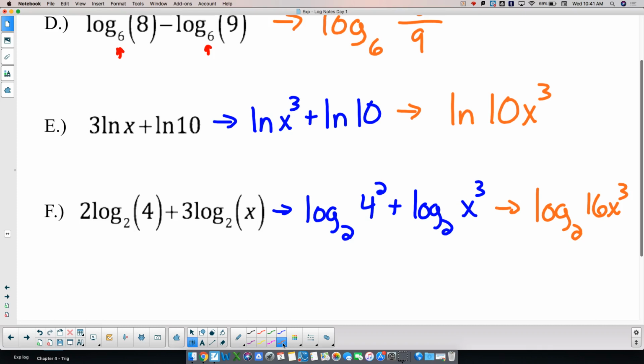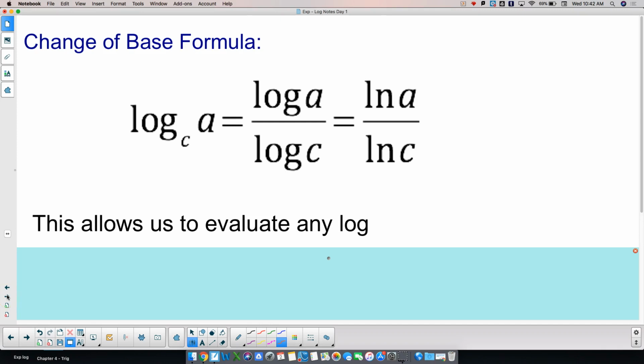So we've done 4 of the 5 things that we need to get done. The last one is something called the change of base formula. We've been talking about, and we did this one, log base 7 of 49 equals 2. What exponent has to go on 7 to get me 49? And it's been nice and pretty. Okay? But what about when it's not nice and pretty?